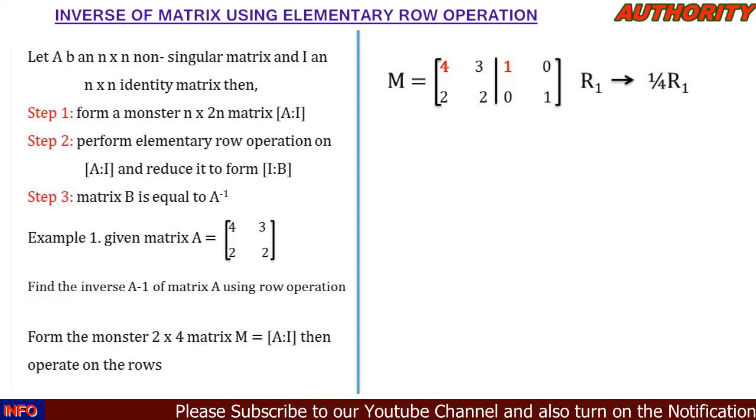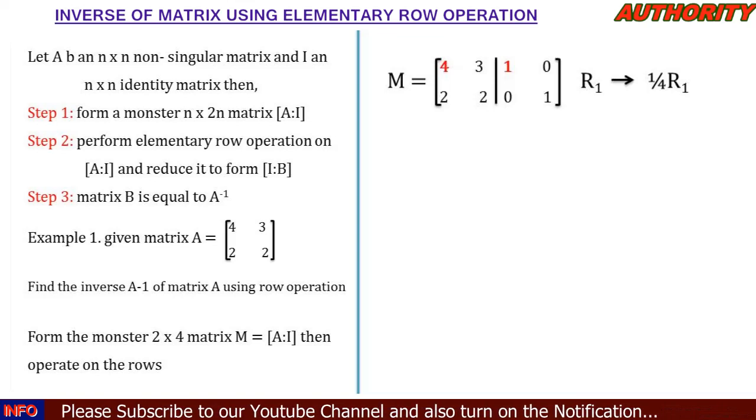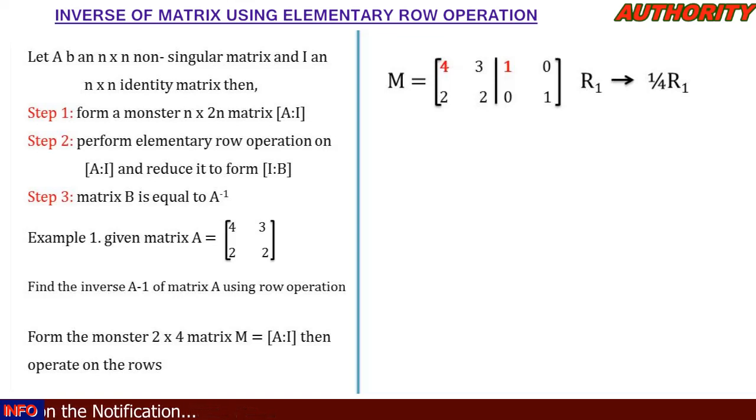Now, when you compare these two matrices, the main matrix and the identity, we have 4 in row 1 column 1, and in that same position on the other side we have 1. So in the first row, first column, we have 4, and we are interested in making 4 3 2 2 an identity matrix.